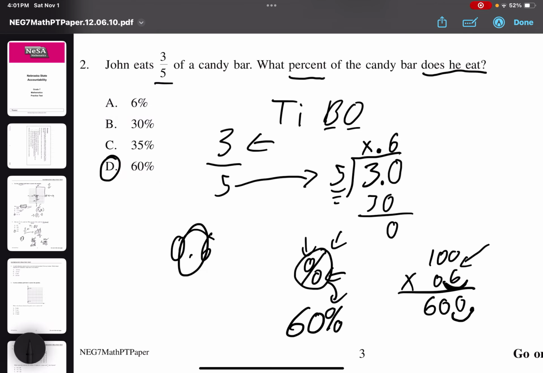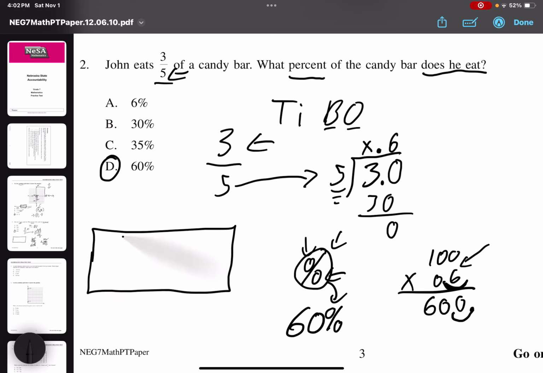If you want to make it a little bit easier, really just depends on what you find better. You can do this. You have 5 pieces, right? So let's do a whole chocolate bar here. 1, 2, then that's 3, 4, and let's just cut a little piece here.